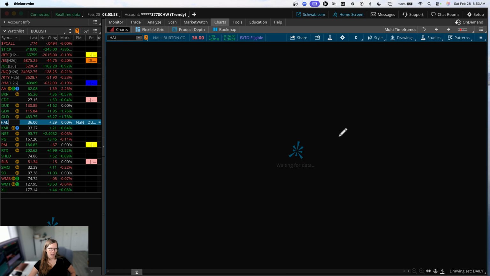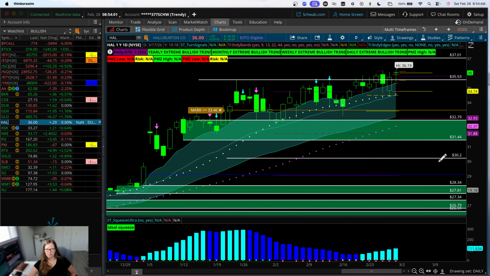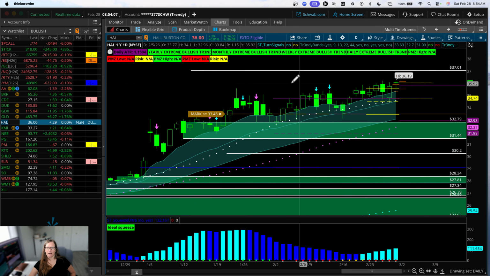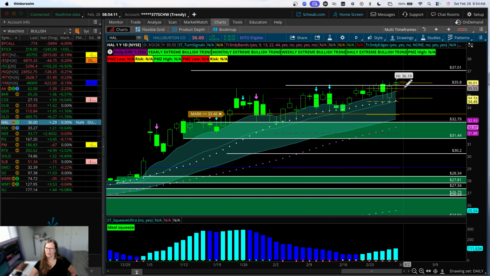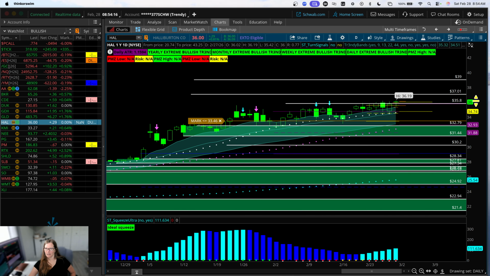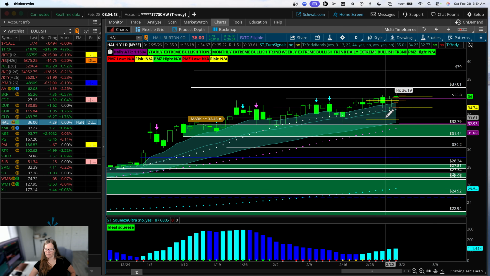All right, Halliburton. I'm going to remove that line there. I can see my first target's going to be right there at the upper monthly, upper weekly, then $37.01, and finally $39. Those are some upside targets. As far as demand goes, it never pulled back to last week's lower weekly edge where I would have been a buyer.